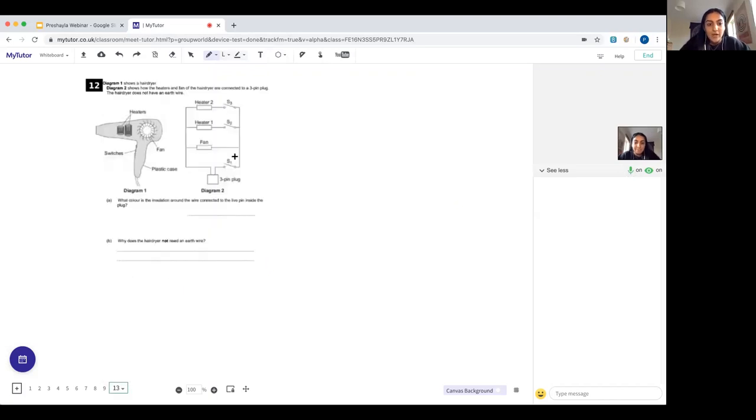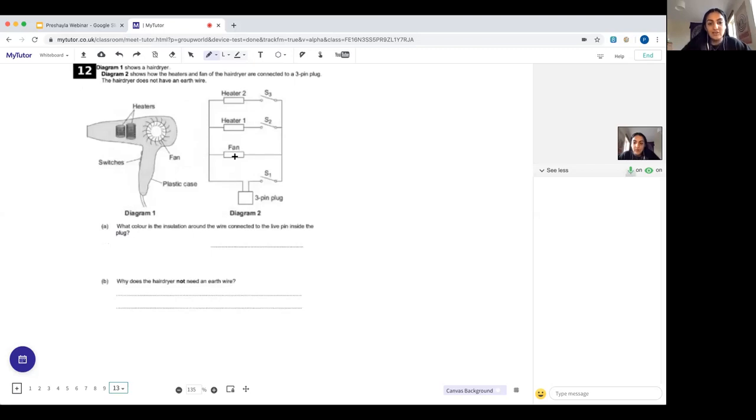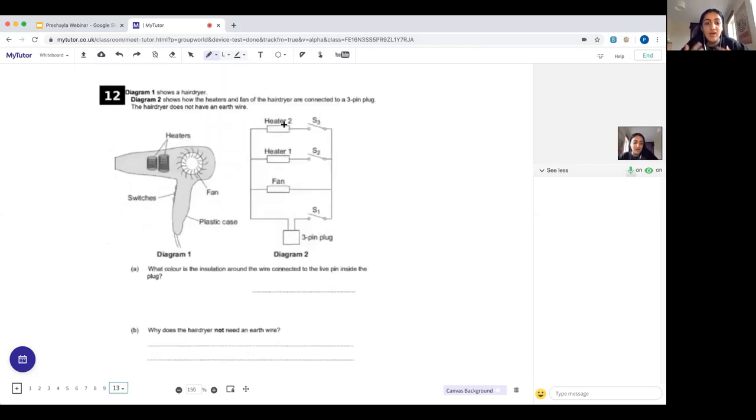Okay, so this one is about a hairdryer. So now we're talking about real life applications of our features of plugs. So we have a hairdryer and we have the diagram of a hairdryer, the circuit diagram of a hairdryer. Now don't worry too much about the circuit diagram of the hairdryer.